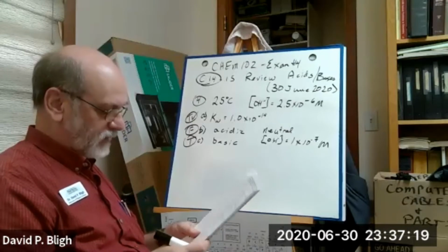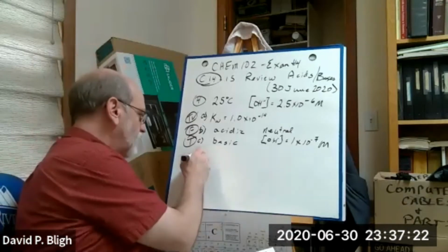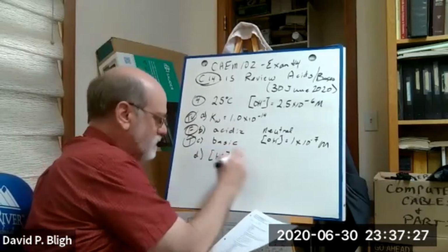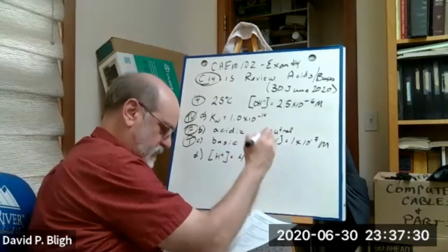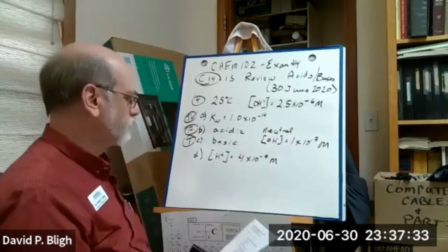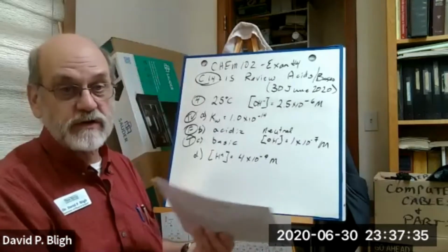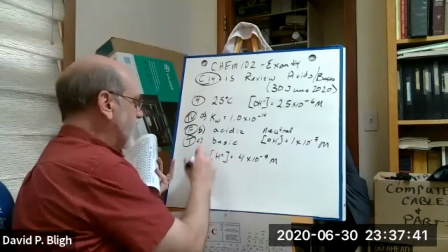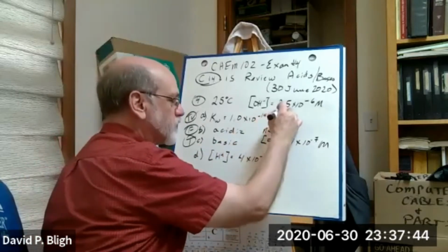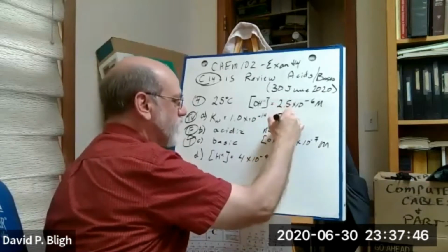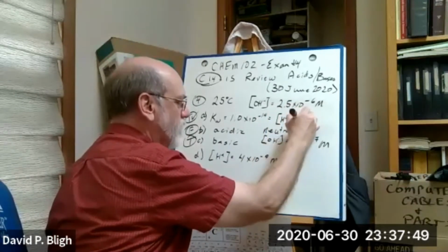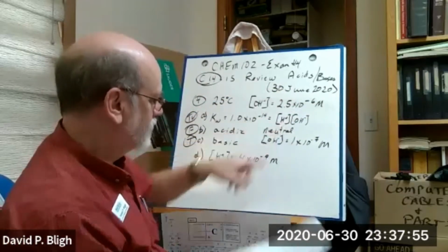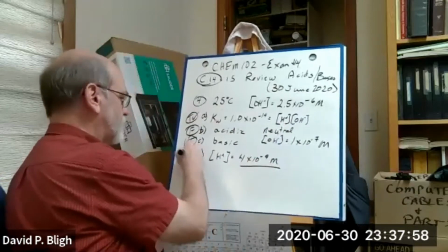We could look at the others. Hydrogen ion concentration is 4 times 10 to the minus 9 molar. Well, how do we find the hydrogen ion concentration if we know the hydroxyl? We have this expression. Remember, the Kw is this, and that's equal to the concentration of hydrogen times the concentration of hydroxyl. So we plug this value in here, solve for that one, and we get this one. That's true.